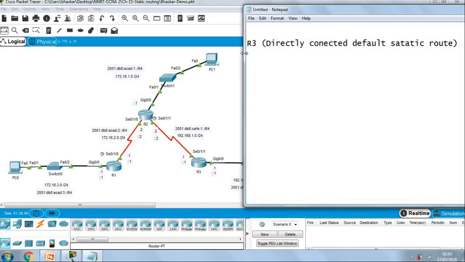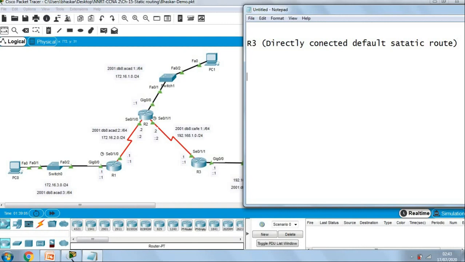So the question is: configure a directly connected default static route. See here, directly connected is the keyword, default static route is there. So which one do you have to use, the next hop address or the exit interface? Directly connected means exit interface.